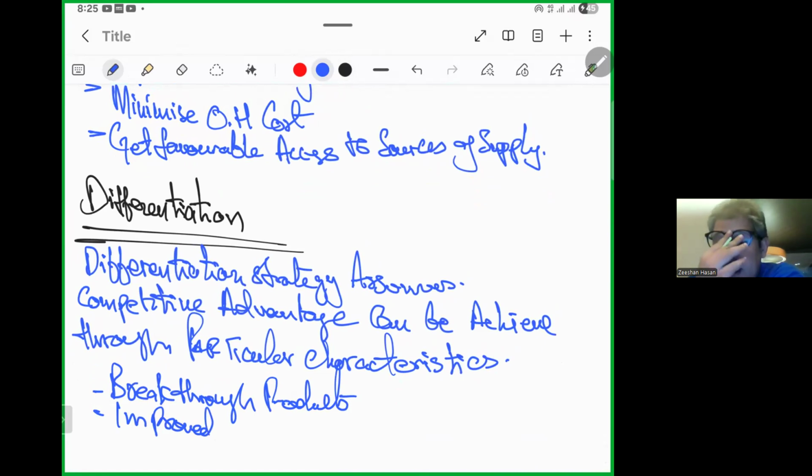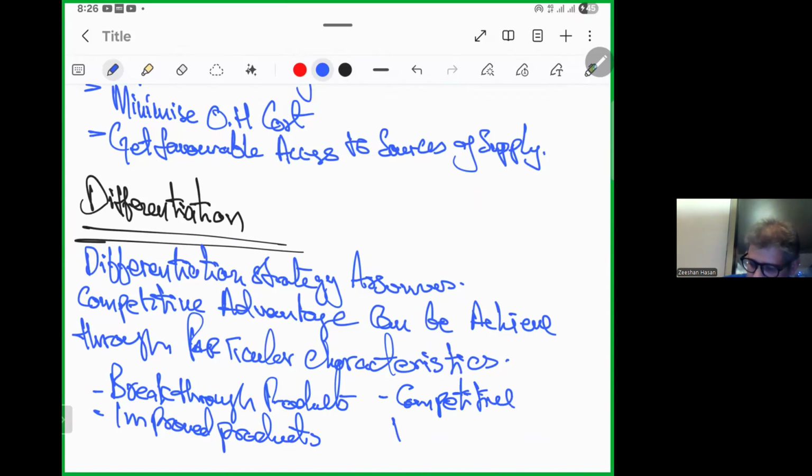Breakthrough products such as the Samsung Fold series, improved products such as microchips, such as Exynos chips used in Samsung phones, competitive products, for example, Rolls Royce, and exploiting other activities of the value chain, for example, Tesco, with its close IT link with its suppliers through electronic data interchange, right?